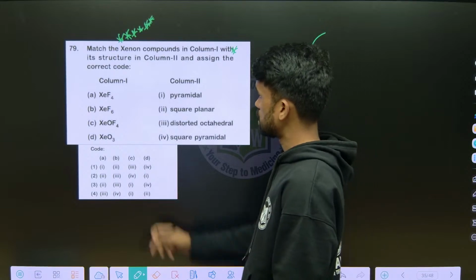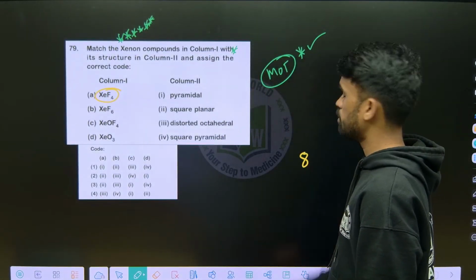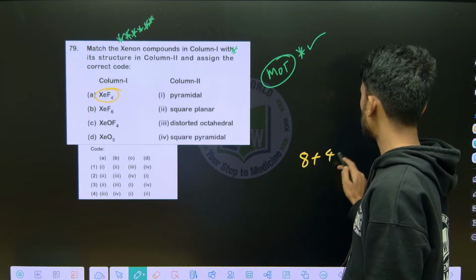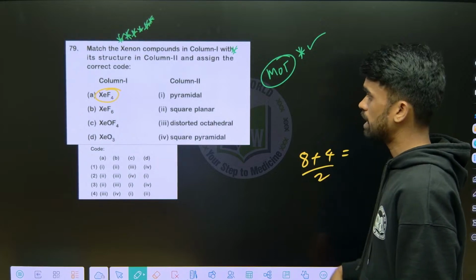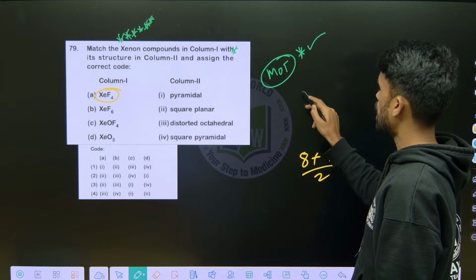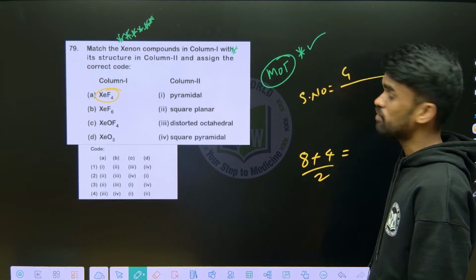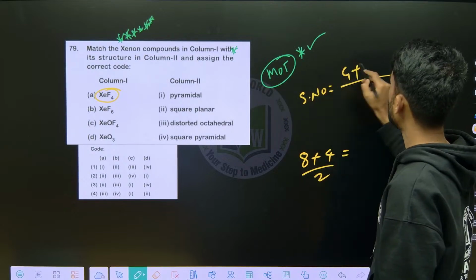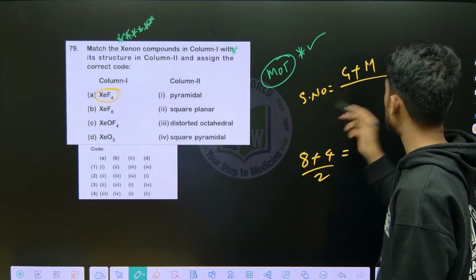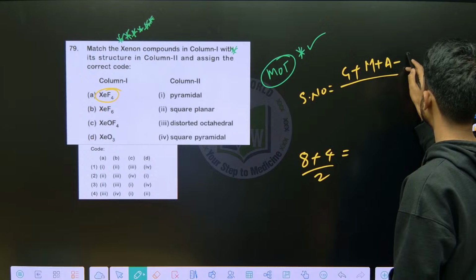Okay, next XeF4. How can we do it? Xenon is a group 18 element, so I am taking valence electrons 8, surrounding atoms 4, divided by 2. The general formula: hybridization number or steric number equals the number of valence electrons plus the number of monovalent atoms, plus A if the compound is anionic, minus C if cationic, all divided by 2.